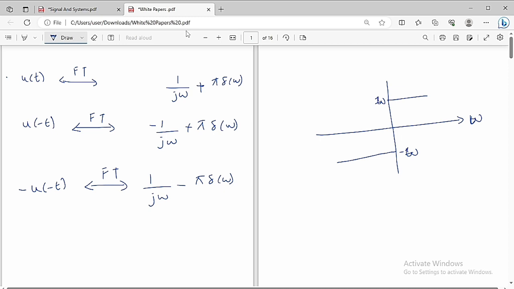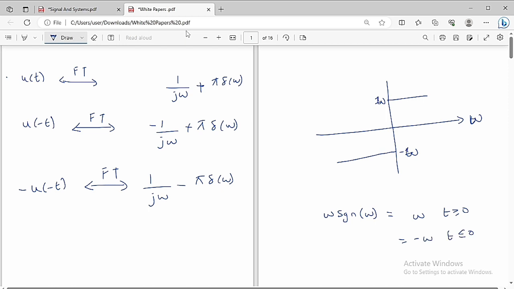So how are you going to get omega into sigma of omega? This is the graph that you are going to get, right? So how can you write it? Omega for t greater than or equal to 0 and minus omega for t less than or equal to 0.